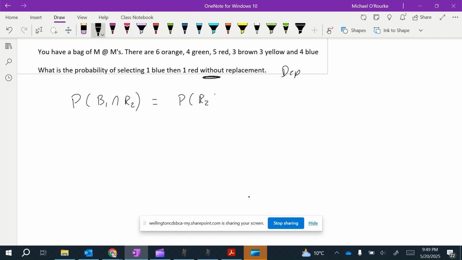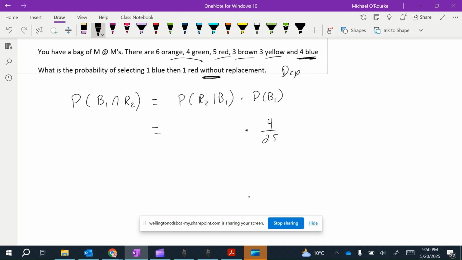A red one second, given I got a blue one first, times the probability of getting a blue the first time. So for the probability of getting a blue one, there are 4 blue, and I believe there's 25 altogether. 6, that's 10, 15, 18, 21, 25.